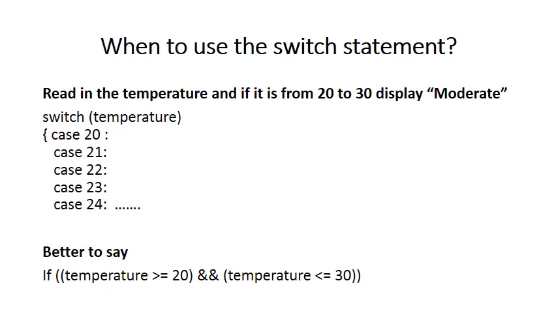You would have 11 case statements and right at the bottom a console write line moderate. Clearly that is not a very effective way of coding, so it would simply be better to say if temperature is greater than or equal to 20 and temperature is less than or equal to 30. So you don't use the switch statement if you have a long range of values that determines the same action.